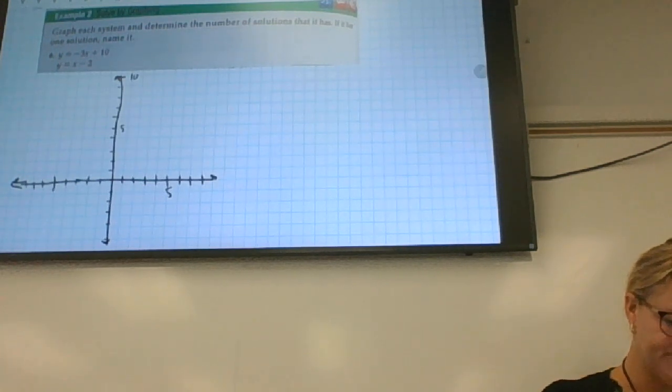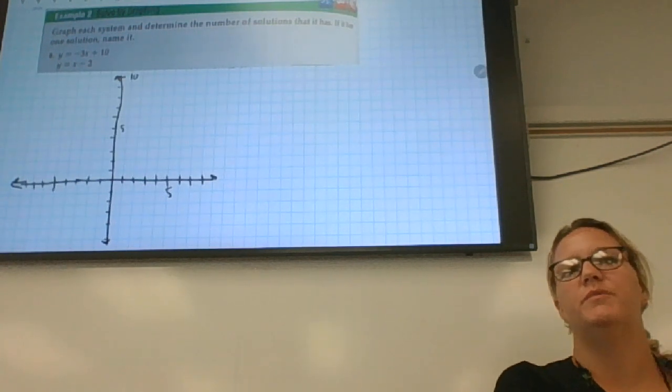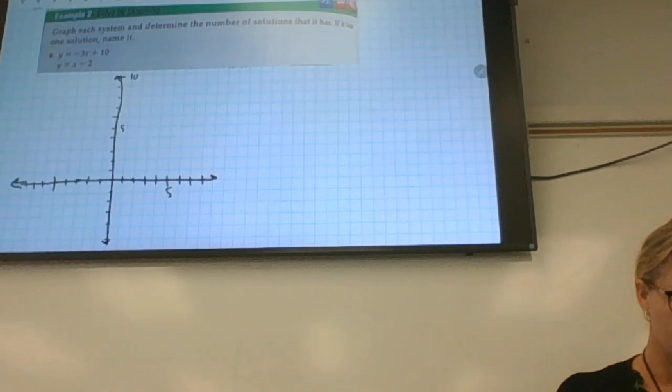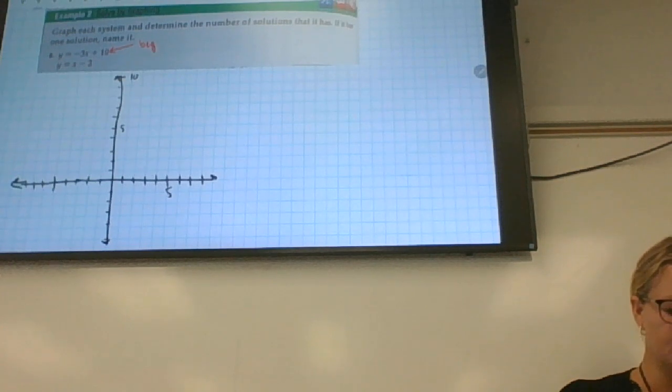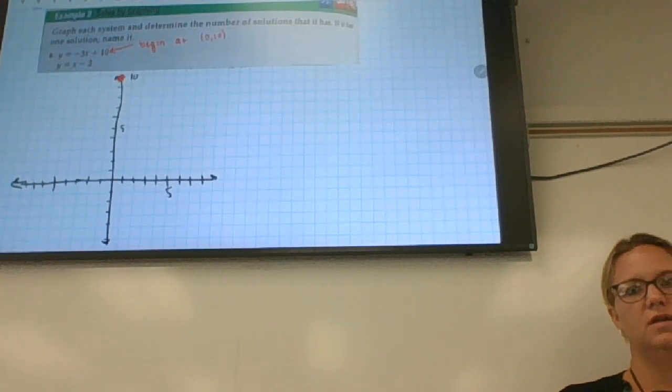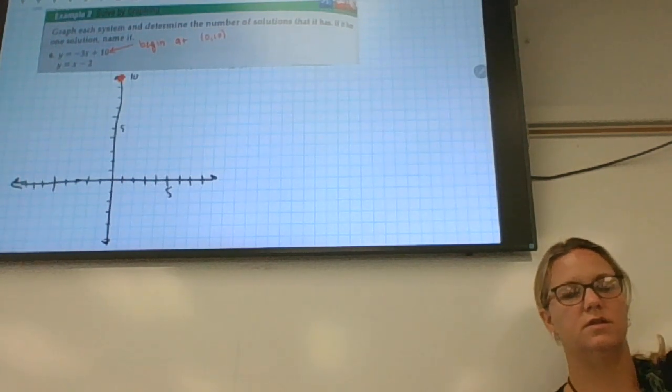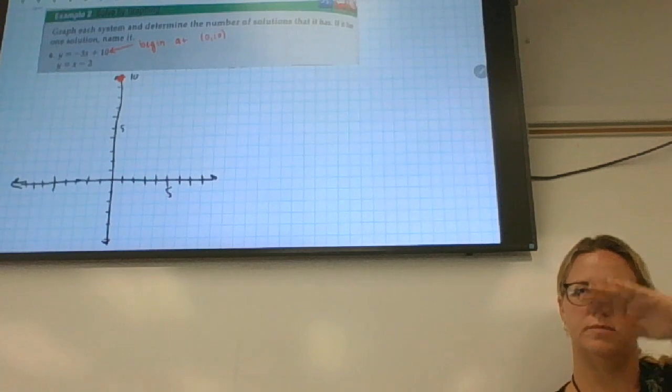Sorry, I might have freaked you out about saving paper. Maybe I shouldn't have done that. I have to begin at 10 on my first line, so if you didn't go to 10, just erase the horizontal axis and move it down.